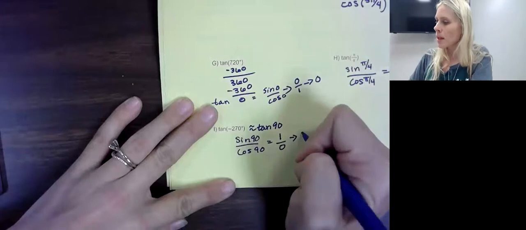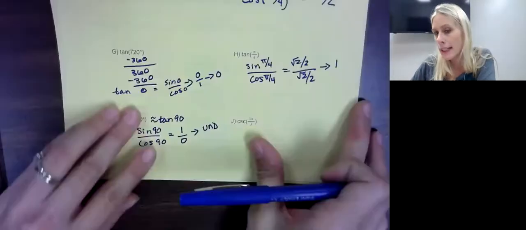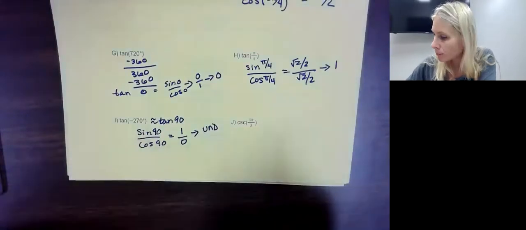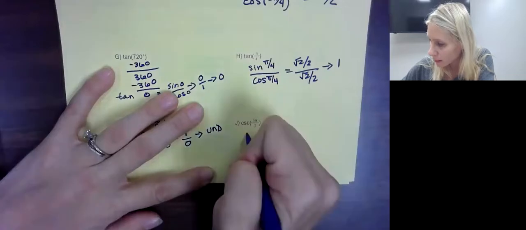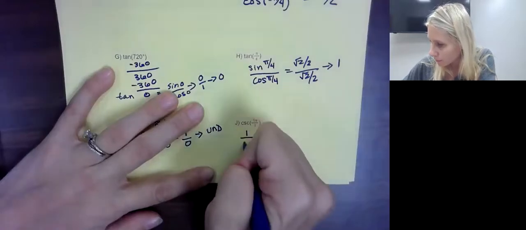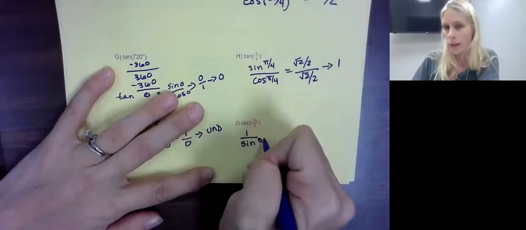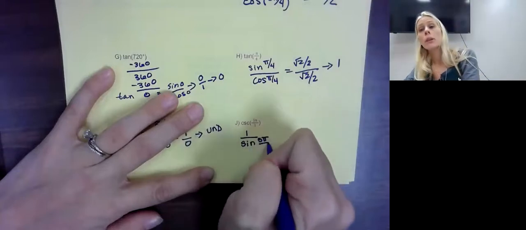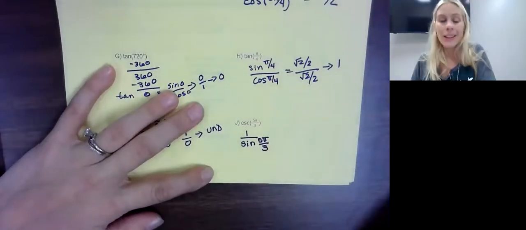Okay. Then for the last one, cosecant. Cosecant is the reciprocal of sine, so it's 1 over sine. And 5 pi over 3 is on the unit circle, right?